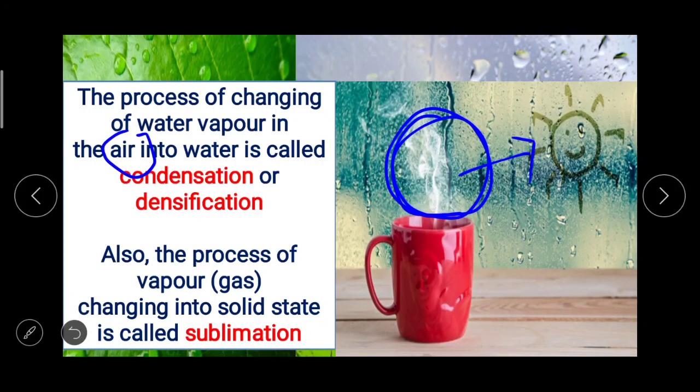Also the process of vapor changing into solid state is called sublimation. So the basic difference between condensation and sublimation: in condensation, water vapor changes into water, and when vapor changes into solid state, it is called sublimation.